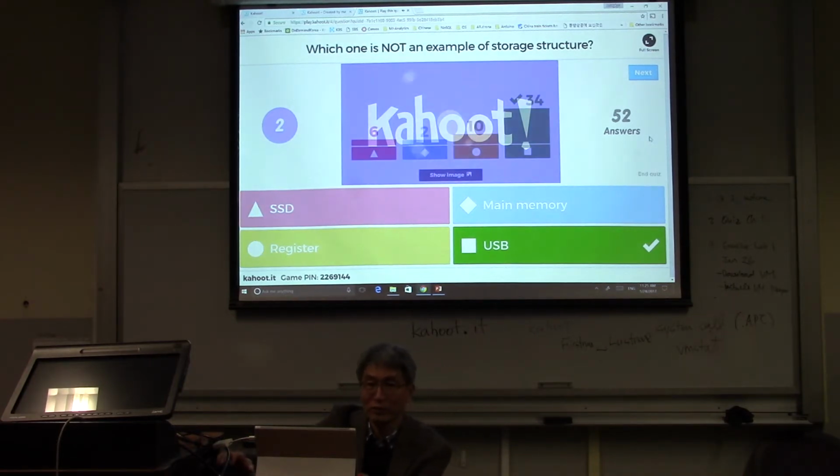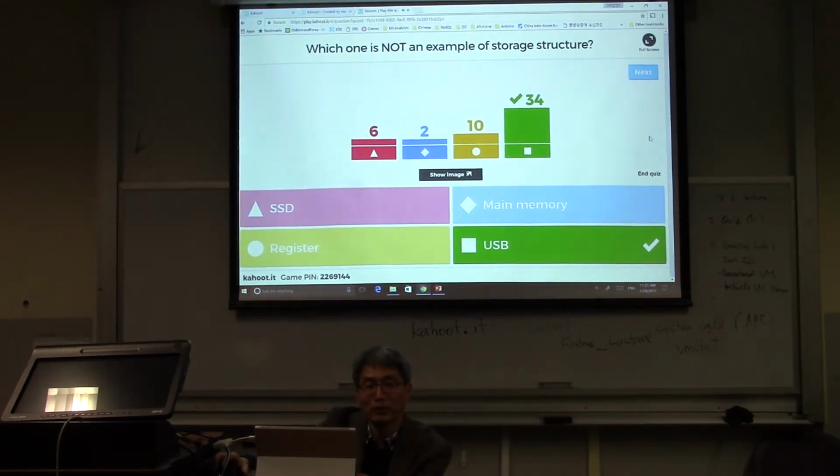USB is the boss, but many people, especially non-computer science people, believe USB is a storage. But it can be used for storage, and it can be used for many I/O devices. It's a bus, universal serial bus.